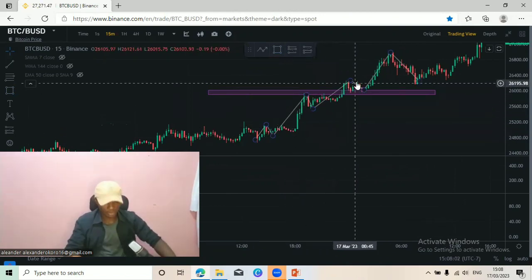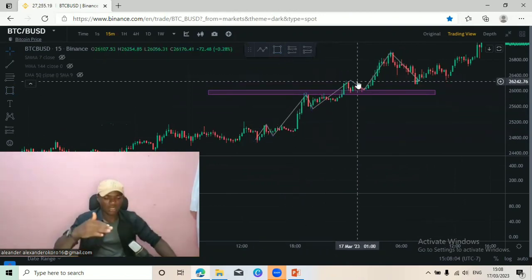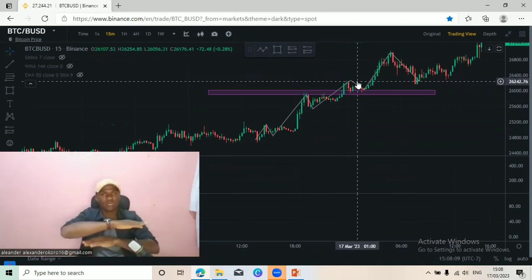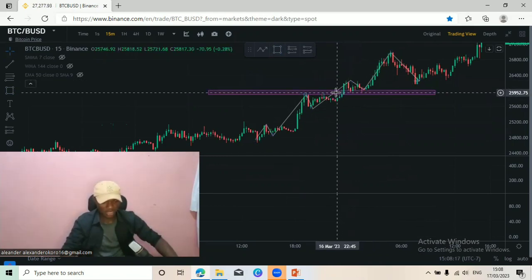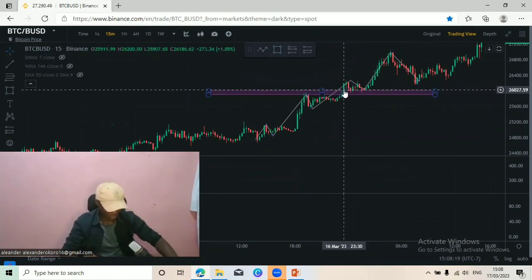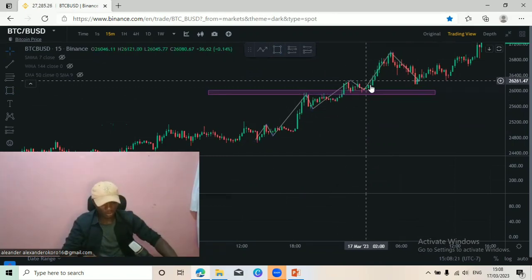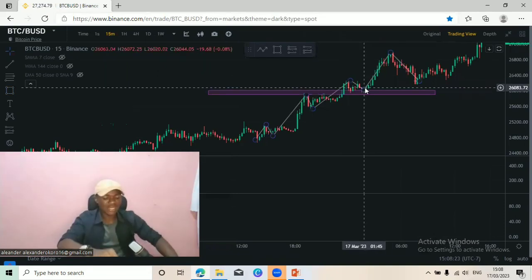Once it breaks the previous resistance, that resistance becomes support. Look at it. From here, it broke this resistance, and it went up, came down. Then this resistance became support because it's now below.